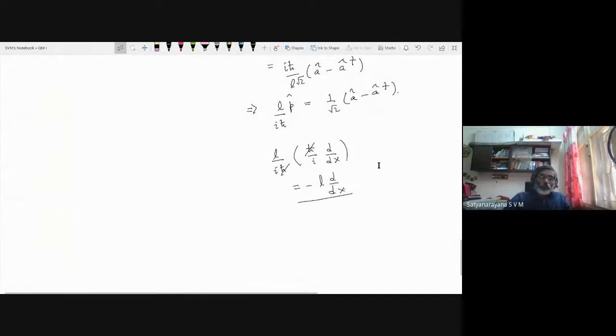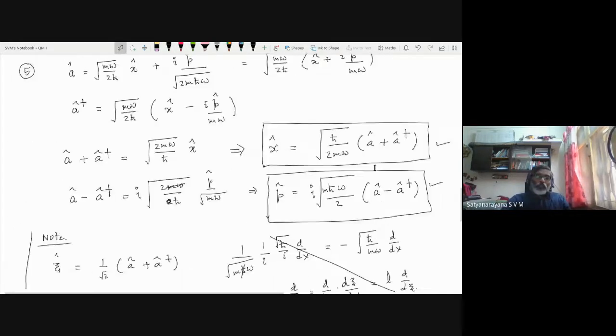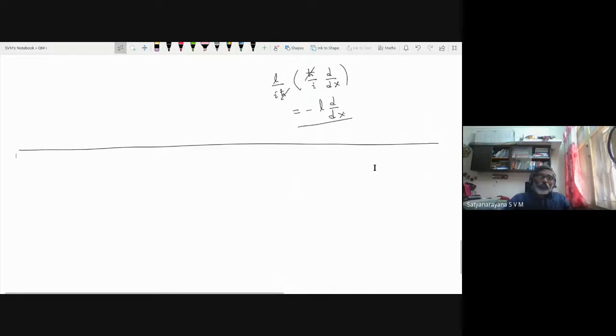Okay. So one of the important things which I yesterday asked you to do, and I think some of you might have tried, is to calculate the average value of x square. This is important because the average value of x square minus the square of the average value of x is your delta x square.